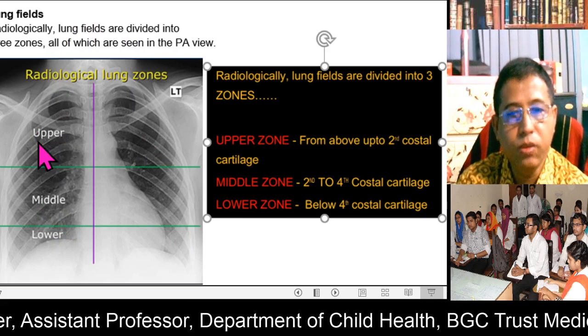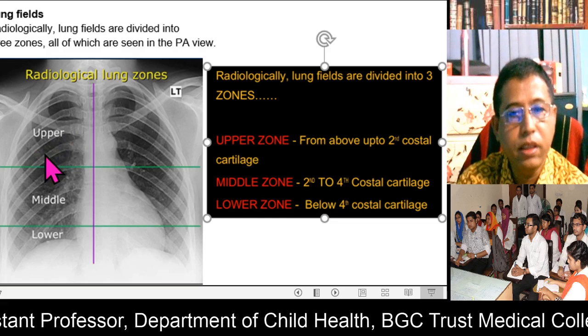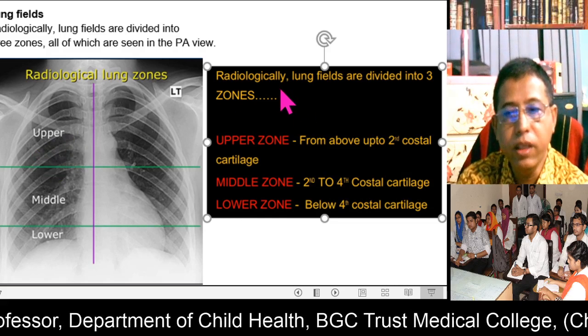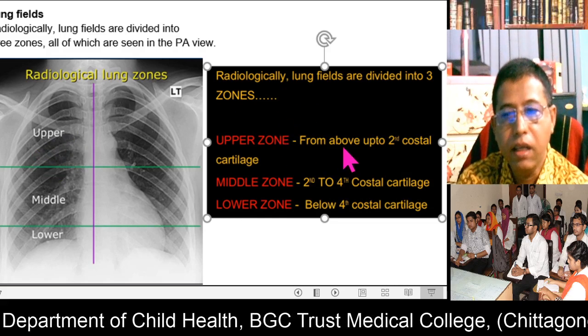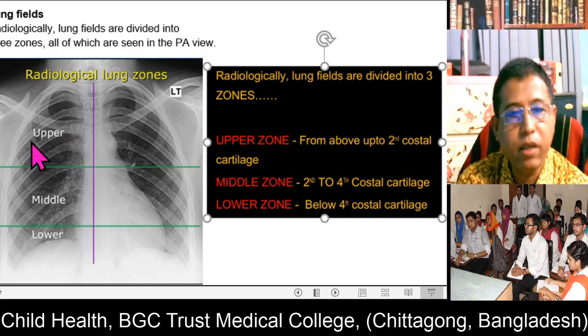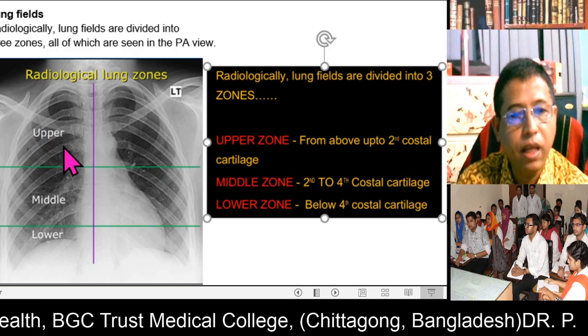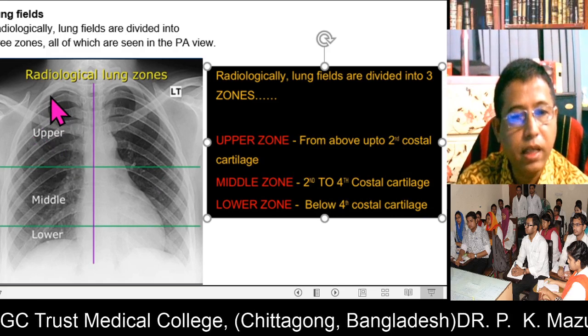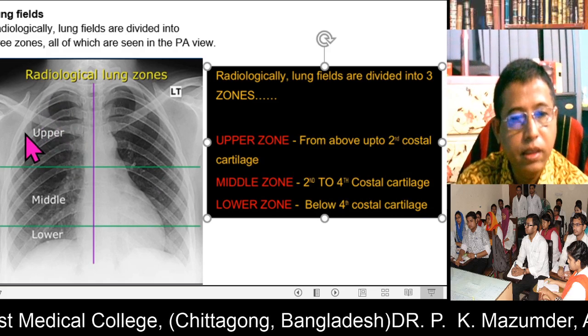The upper zone is radiologically marked as the portion of the lungs above the second costal cartilage. This is the first rib, this is the second rib.